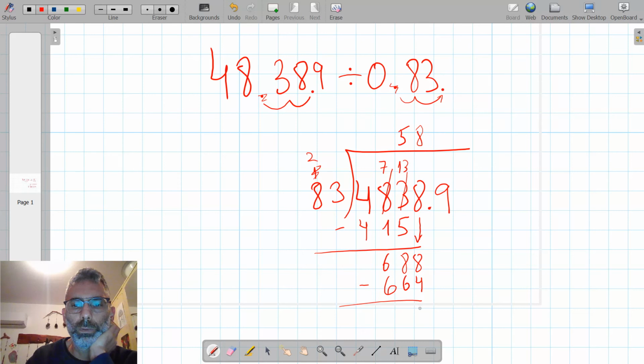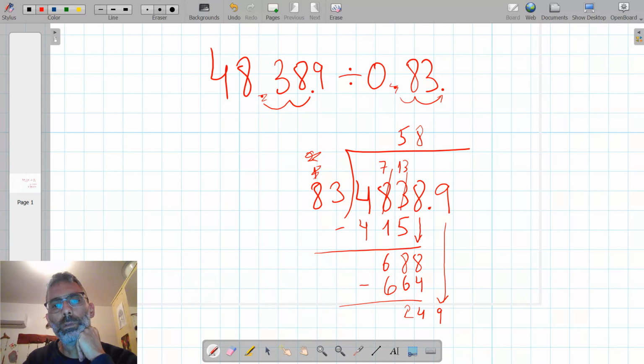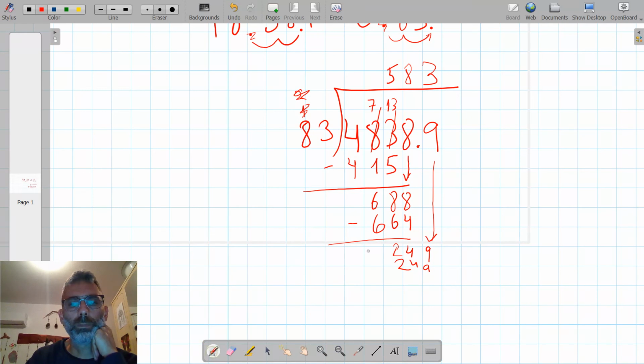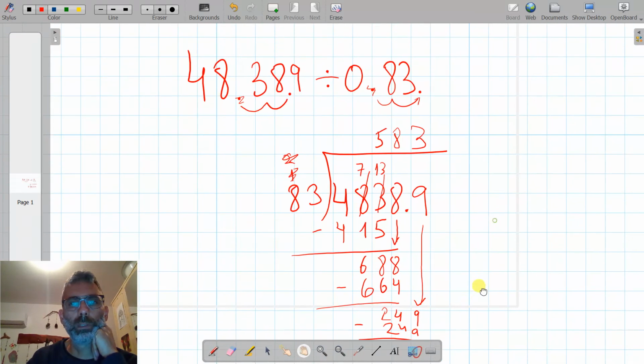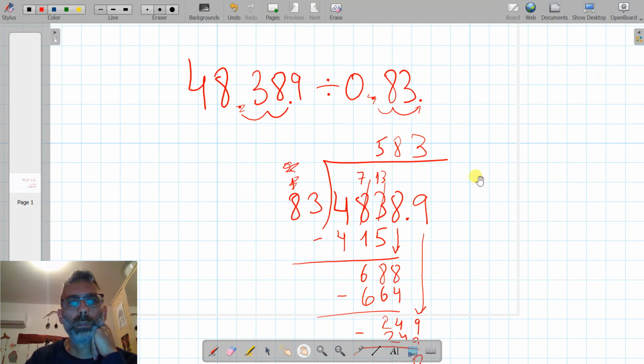Subtract: 8 minus 4 is 4, 8 minus 6 is 2. Bring down the 9. 3 times 83 is exactly 249, right? 3 times 80 is 240, and 3 times 9 is 9, so this is 249. There's nothing wrong there. So the answer is 583.